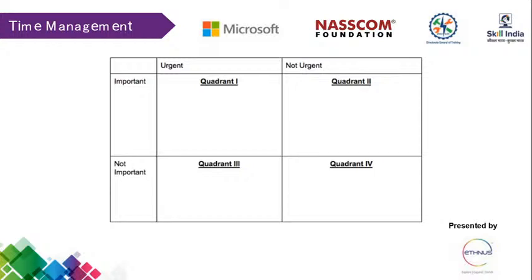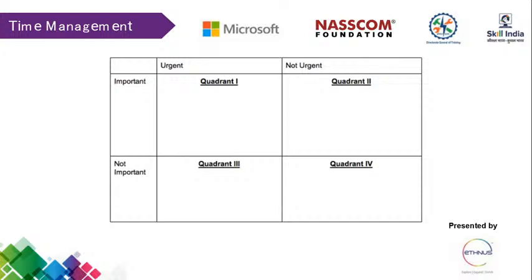Okay, so now let's see what to fill in each one of the quadrants. I'm sure everyone would have written on your paper that the first quadrant is nothing but urgent and important. All the tasks that are very important and very urgent should be written in the first quadrant. Now what are the things that come here?